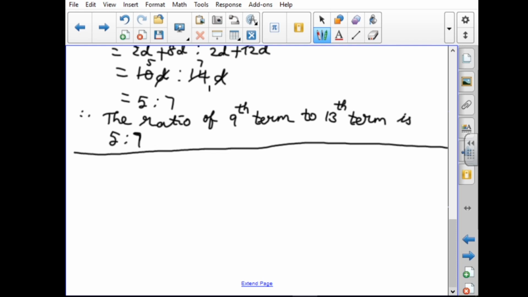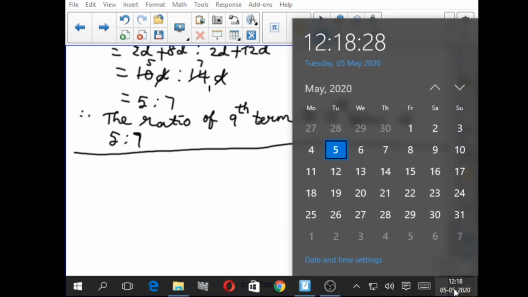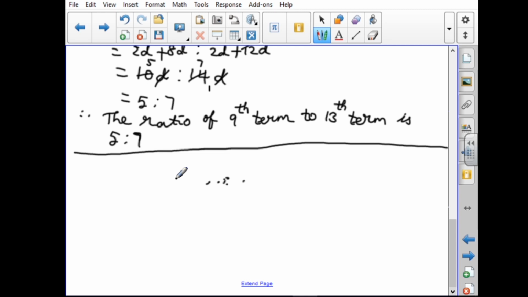The next one, the 13th sum. In a winter season, let us take the temperature of Ooty from Monday to Friday.